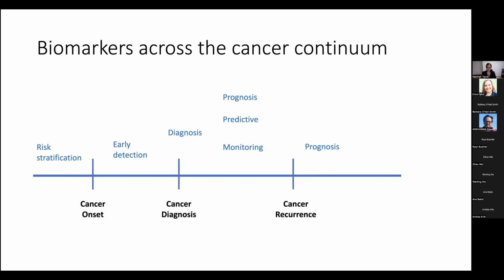Monitoring: once you've completed your initial treatment for your cancer, you might be monitoring the patient for a cancer recurrence, so you could have biomarkers for that. Once you have a cancer recurrence, then you have a prognostic biomarker. Maybe it's the same marker, maybe different biomarkers. So throughout the cancer continuum, there are biomarkers that we can use at various time points.